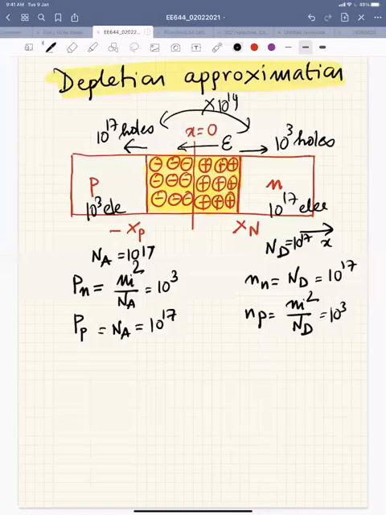The width of the depletion region will be hundreds of nanometers. So in 100 nanometers, there is a 10 to the power 14 times change in electron and hole concentration, right?